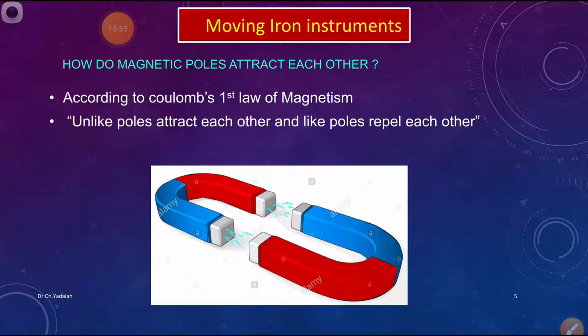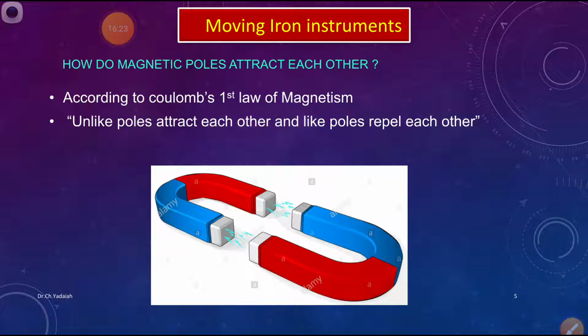If opposite poles, one north pole and one south pole, are placed nearby each other, an attraction takes place. Based on this principle, we are going to manufacture the attraction type moving iron instrument. If like poles are placed nearby each other, there is a repulsion force between the magnets.